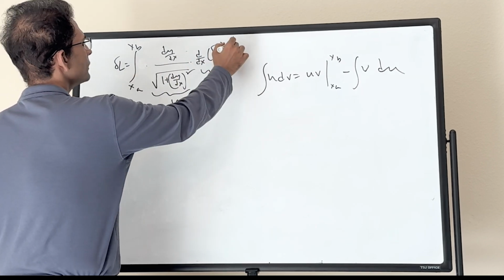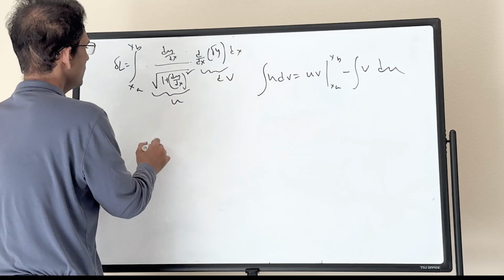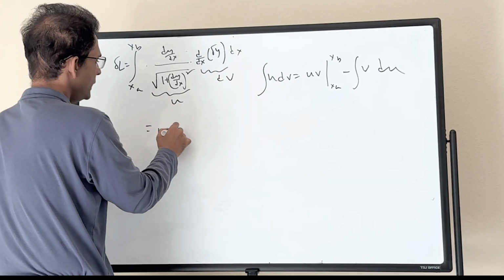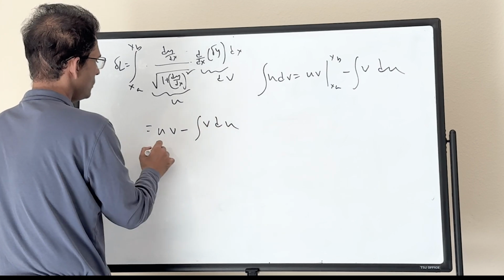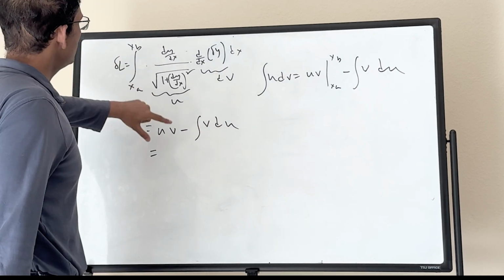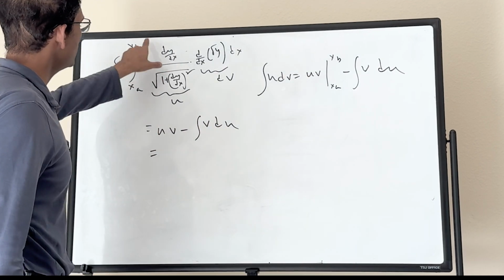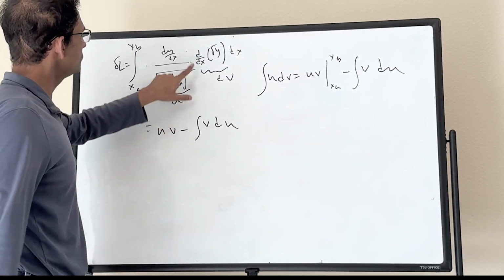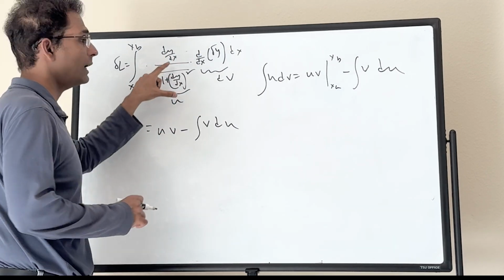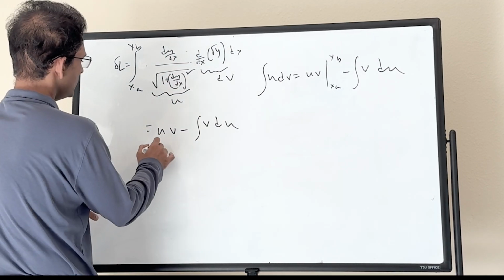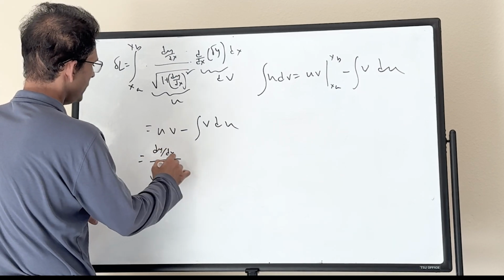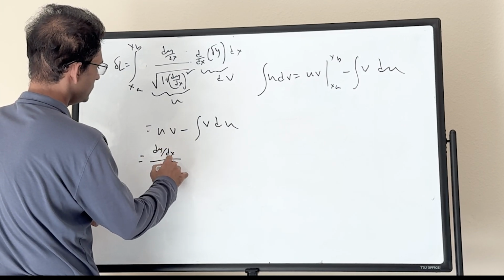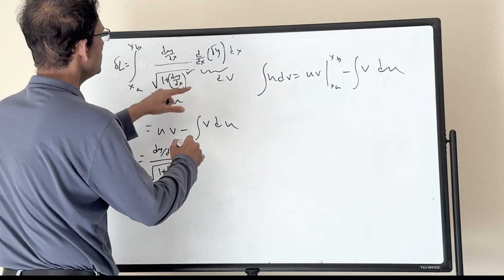So let me write this dx here, this is dv. So this is uv minus the integral of v du. Now you see u is just this part, this sort of beastly looking expression. It's not actually as bad as it looks, as you'll see. So u is dy dx divided by square root of 1 plus dy dx squared.